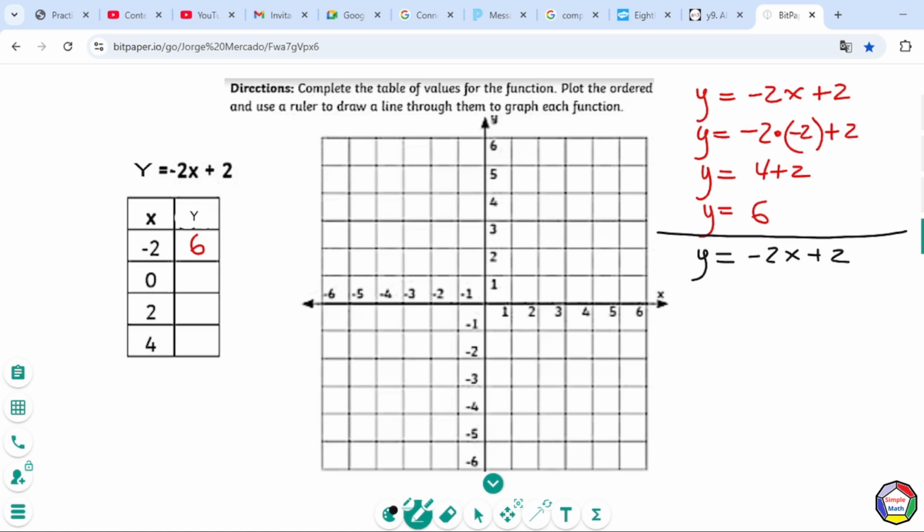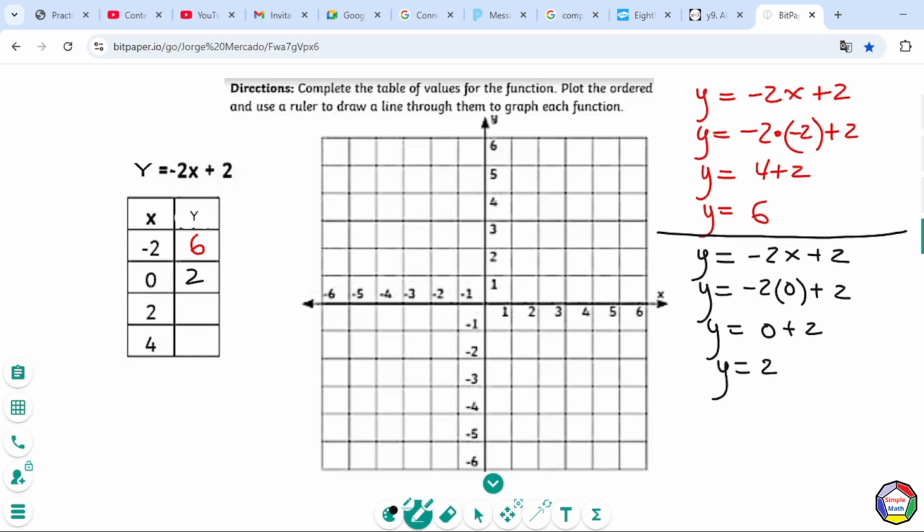So remember, I will substitute x by 0. So I have that y is equal to minus 2 times 0 plus 2. Minus 2 times 0 is 0, so y is equal to 0 plus 2, and 0 plus 2 is 2, so y is going to be equal to 2. So now I can write that here. If x is 0, y is going to be 2.